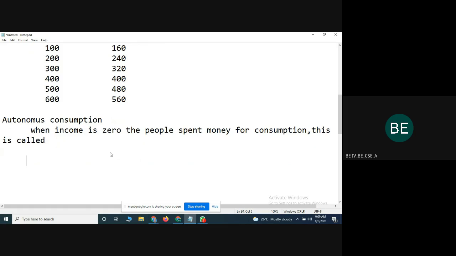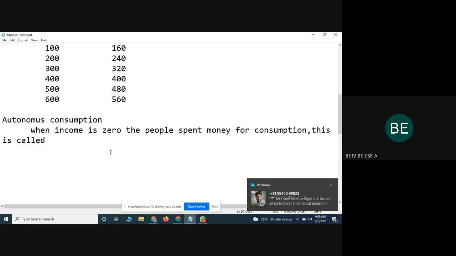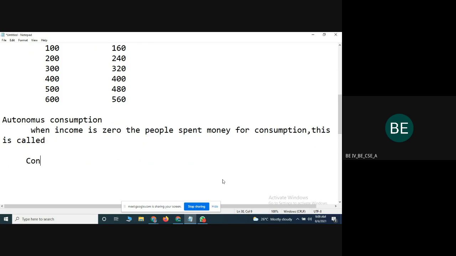The consumption expenditure is independent of income.